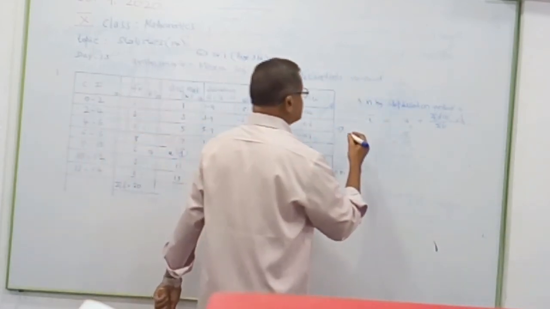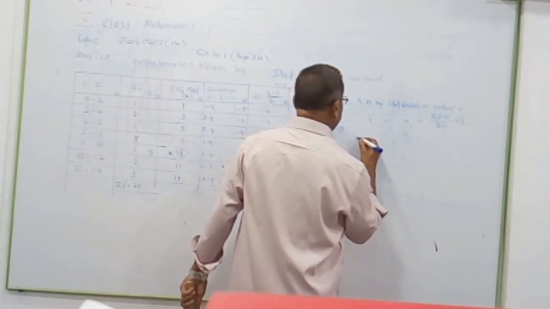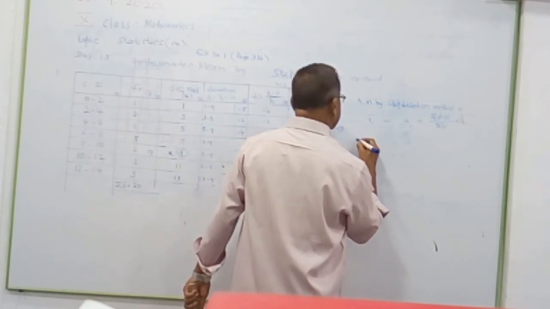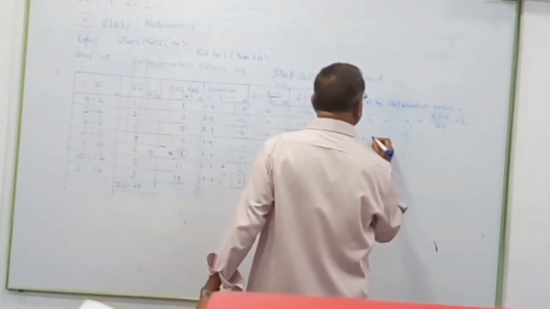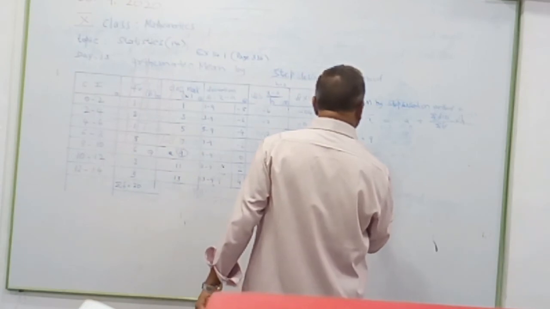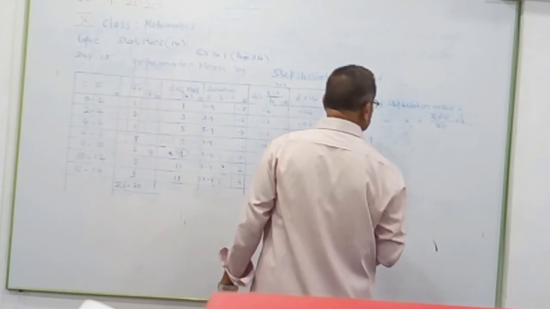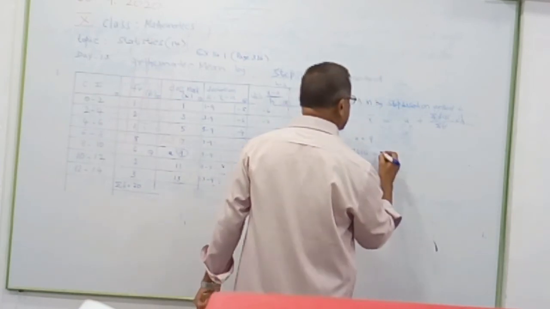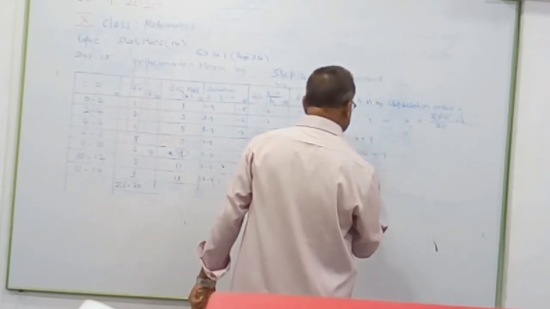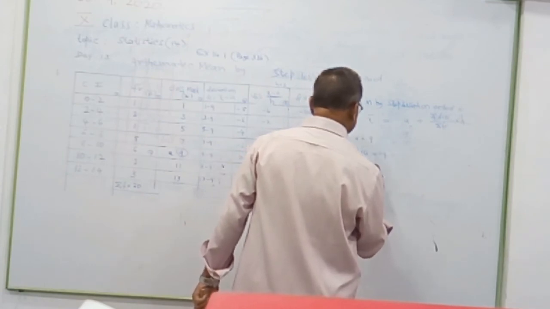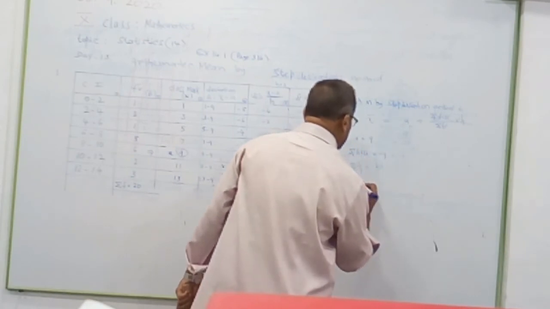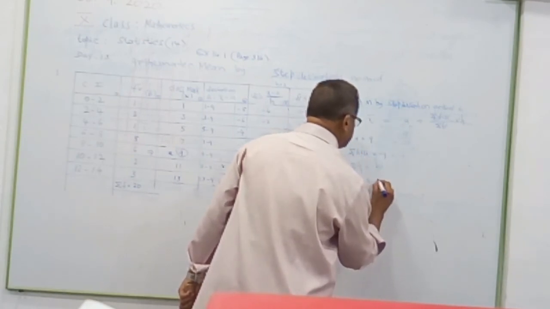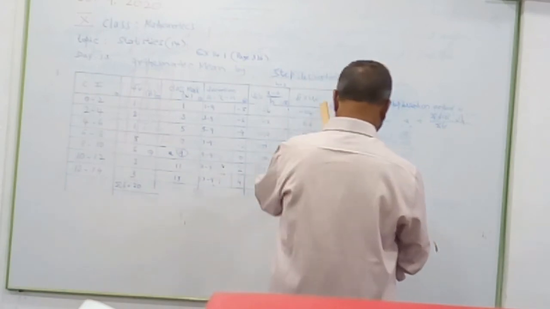Now here small a, assumed mean 9, sigma fi ui is minus 9, and sigma fi is 20 and h value is 2. So you write like this step.